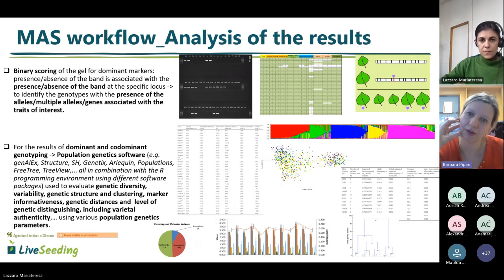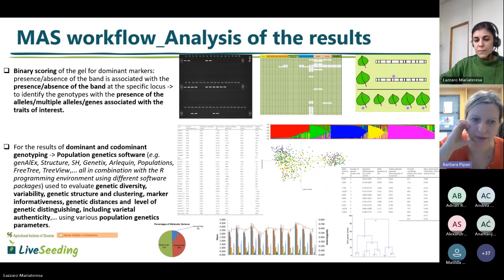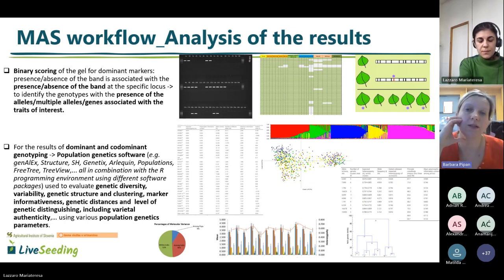These population genetic parameters give us information about all the variability which was explained, so genetic structure, clustering, and everything else. So it's expected heterozygosity, polymorphic information content, number of effective alleles.